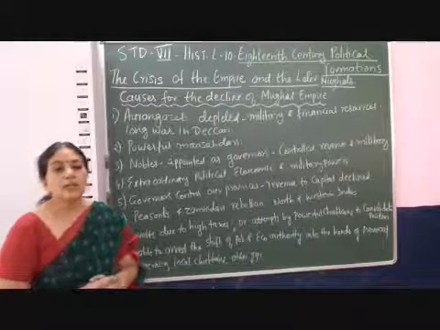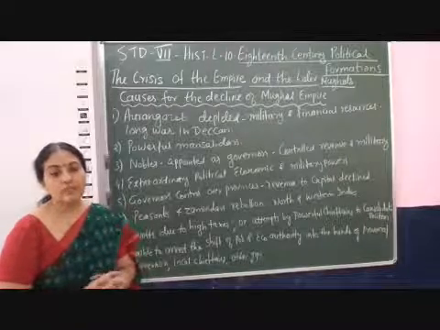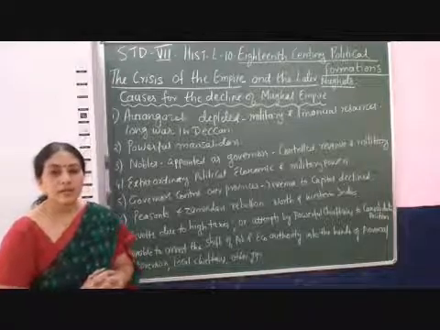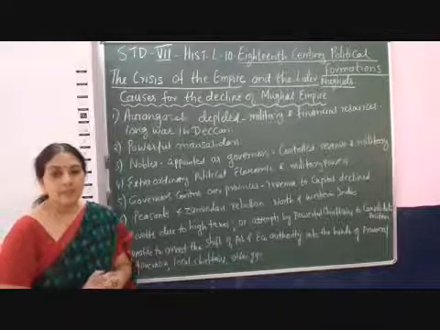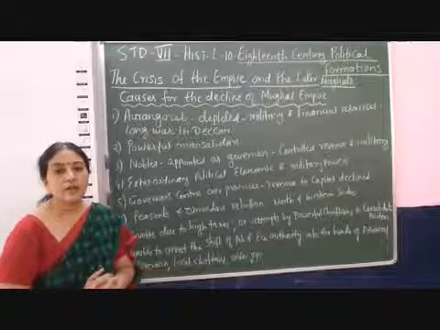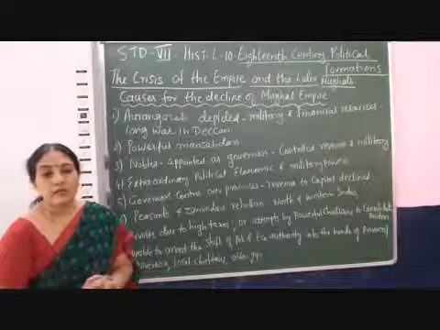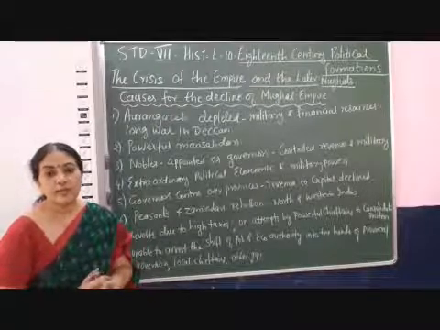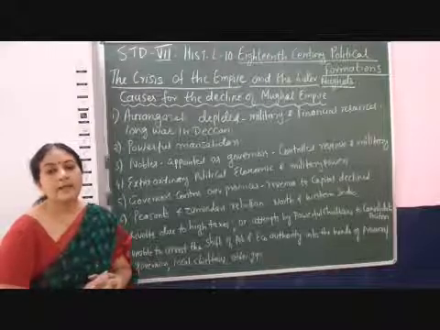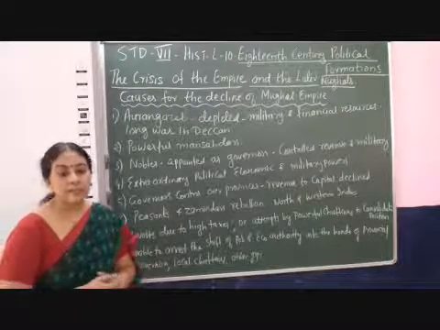As we know, the last great emperor of the Mughal Empire was Aurangzeb. Aurangzeb was a very powerful ruler, but he fought a long war in the Deccan. Aurangzeb ruled for almost 49 years, but most of his time he spent fighting wars with the Deccani people.